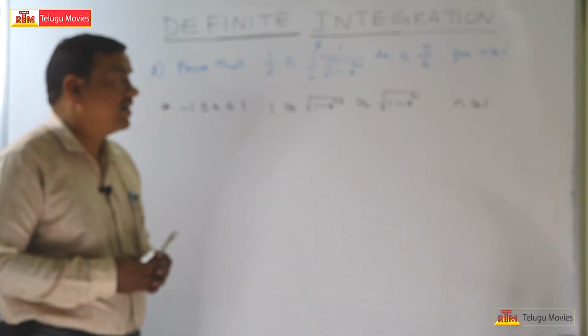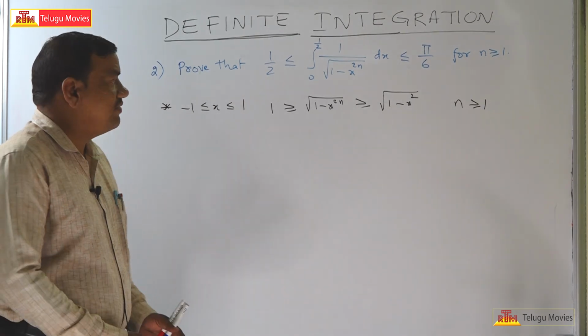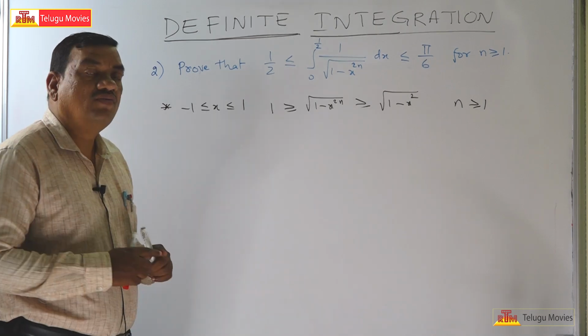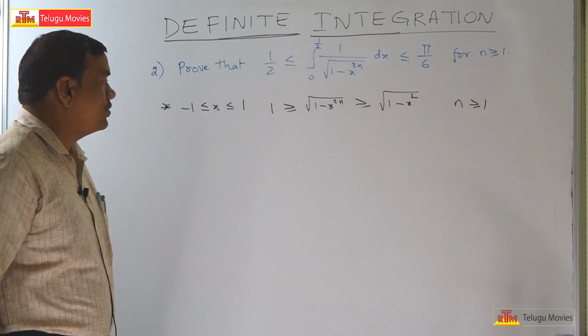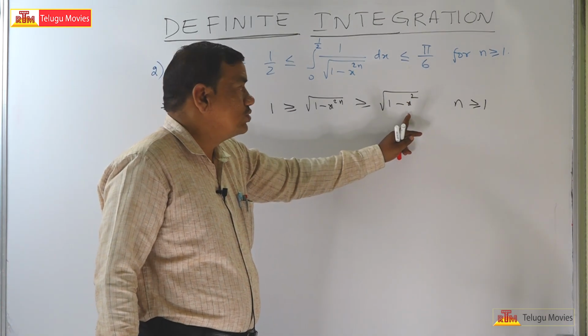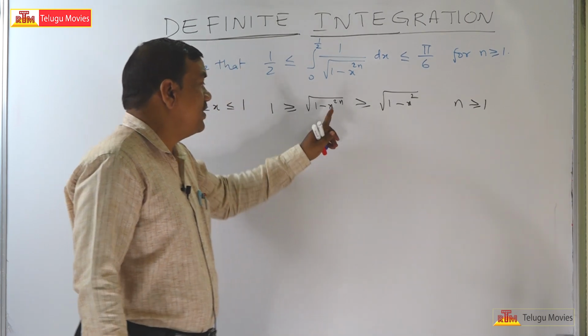You can check between minus 1 to 1. You put any value, the inequality will be satisfied. For example, put x equal to 1 by 2. If you put 1 by 2 here, we get 1 by 4, so 1 minus 1 by 4 means 3 by 4, so root 3 by 2. Here what we will get?